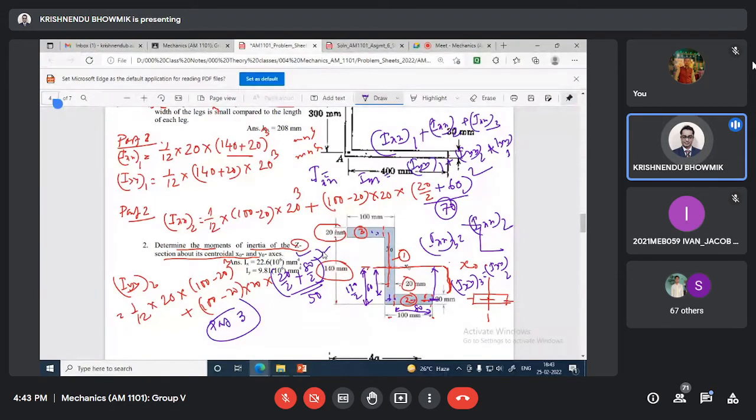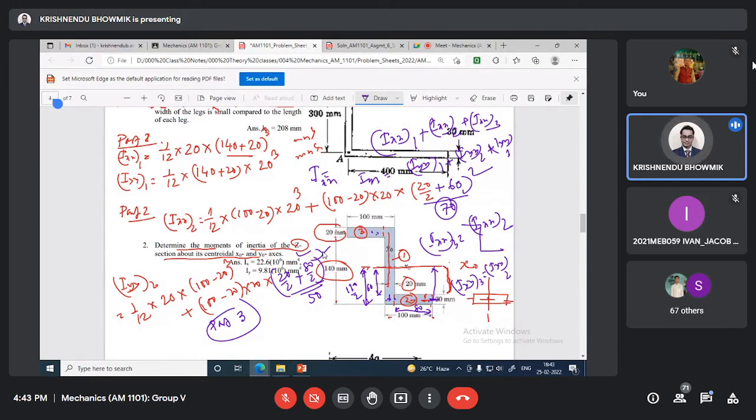What I did, I have split the section into three parts. Part 1, part 2, part 3. And everything I am calculating based on the centroidal axis x0, y0. So part 1, it is one third base height cube with respect to IXX and IYY. Centroid locations, no parallel axis theorem addition is required.